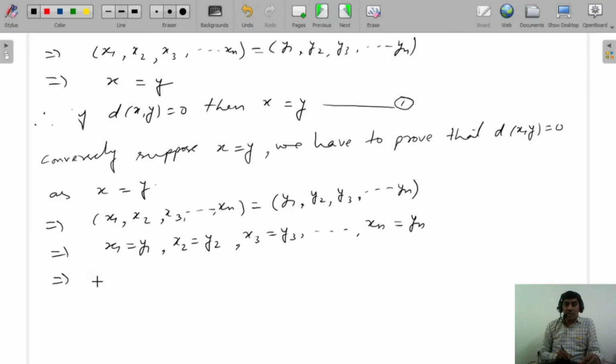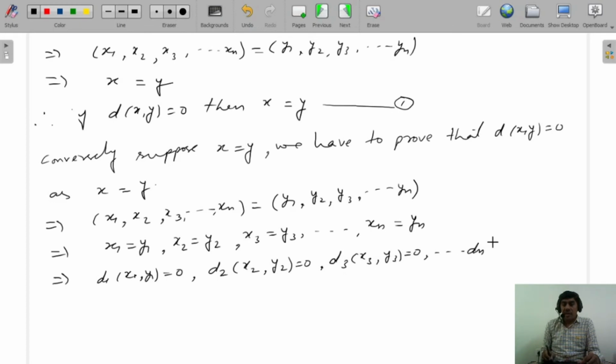This implies d1(x1, y1) is equal to 0, d2(x2, y2) is equal to 0, d3(x3, y3) is equal to 0, and so on, dn(xn, yn) is equal to 0. Here d1, d2, d3, dn are metrics.